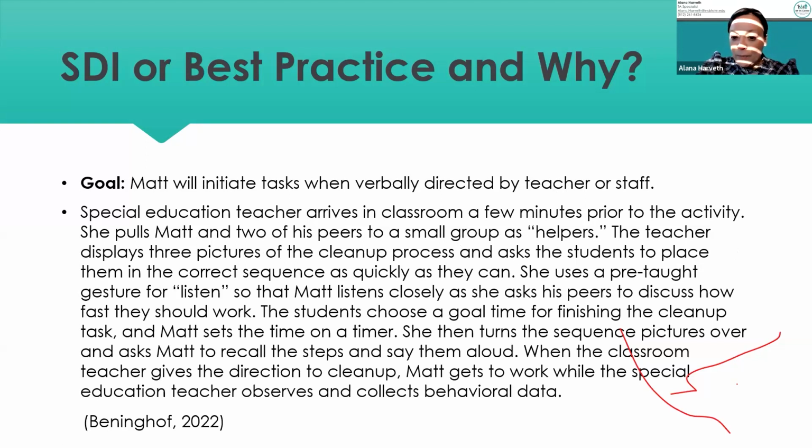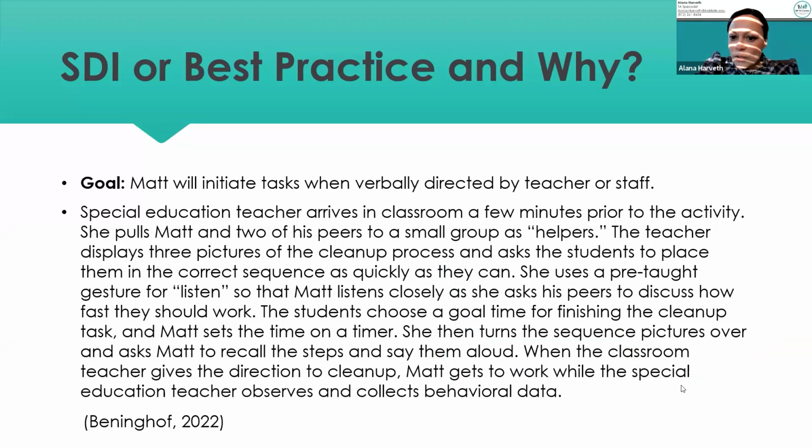This time it's a little bit more, but special education teacher arrives in the classroom a few minutes prior to the activity. She pulls Matt and two of his peers to a small group as helpers. The teacher displays 3 pictures of the cleanup process and asks the students to place them in the correct sequence as quickly as they can. She uses a pre-taught gesture for listen so that Matt listens closely as she asks his peers to discuss how fast they should work.